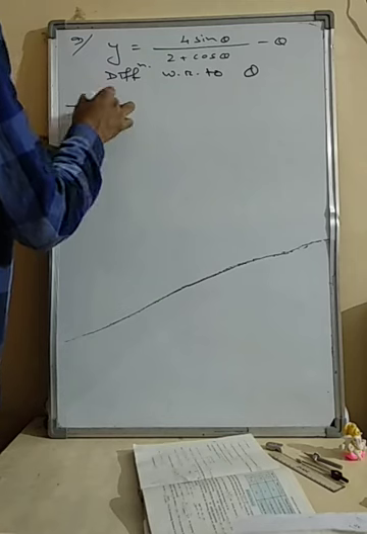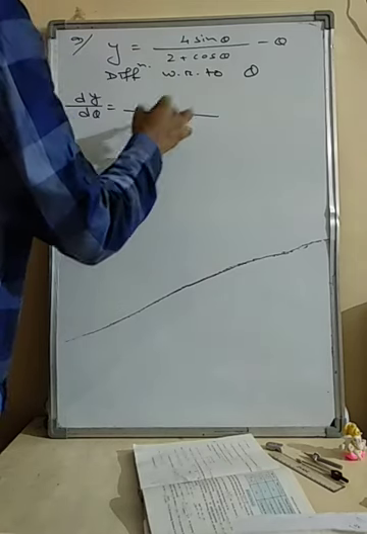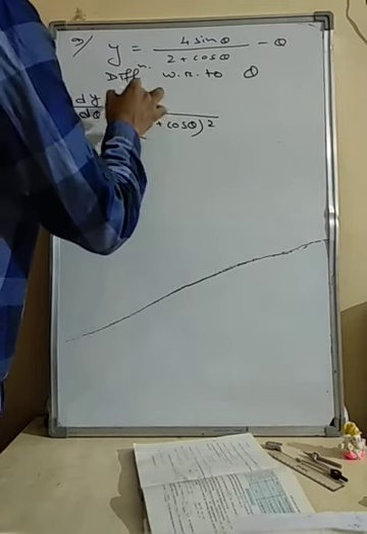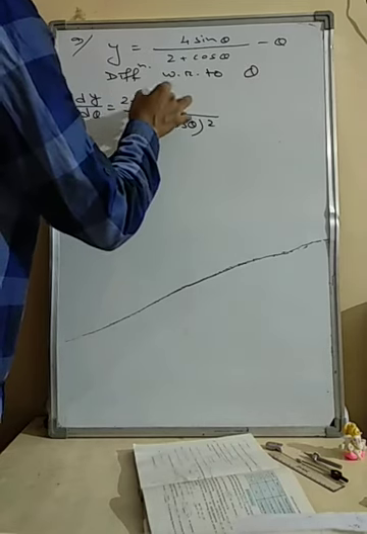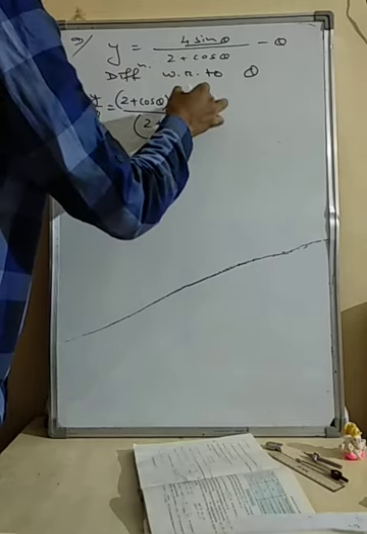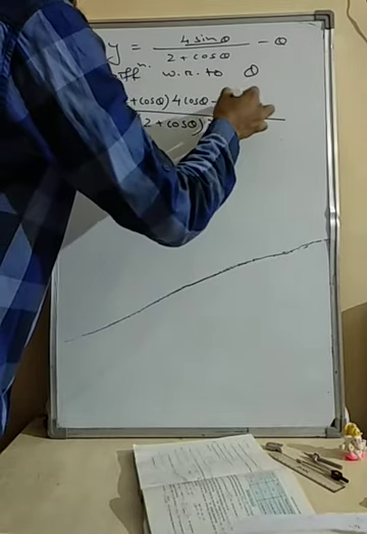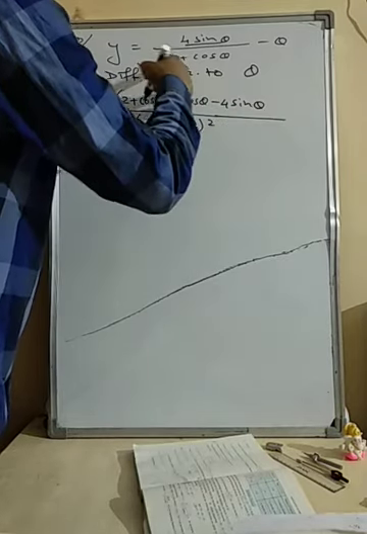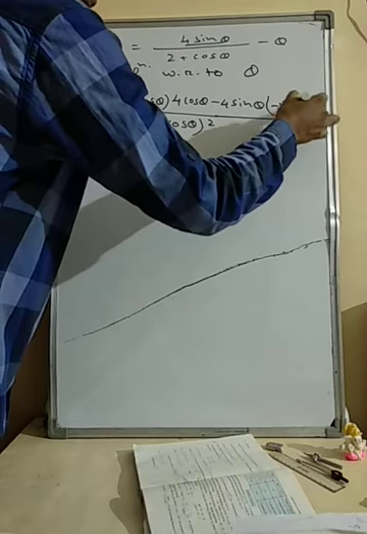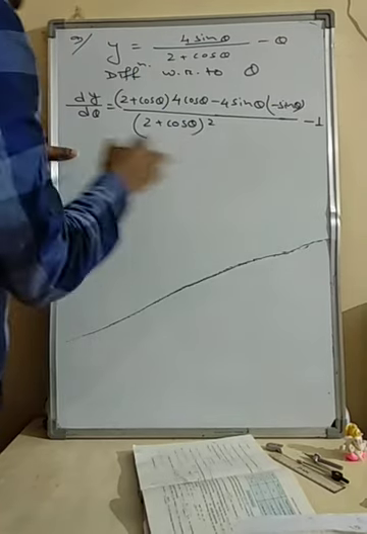So it will be dy by d theta equal to, using u by v, v square, which is (2 plus cos theta) whole square, then v, (2 plus cos theta), d theta of 4 sin theta, 4 into cos theta, minus u, 4 sin theta, d theta of this: 2 is 0, cos theta is minus sin theta, and minus d theta of theta is 1.